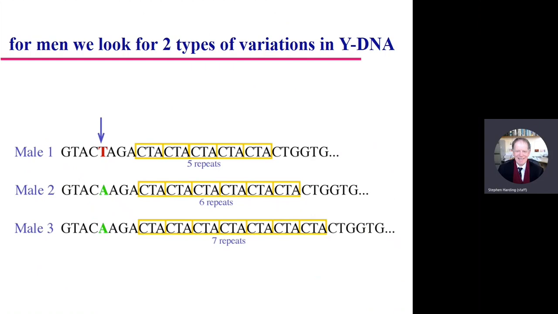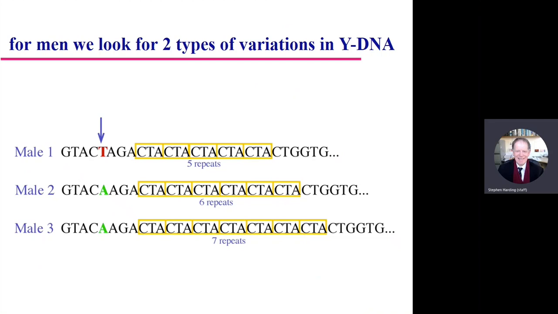And so for men, we can look for two types of variations in the Y DNA. The first type is when you get a mutation of a base. Now, this happens only once. At any particular point on the enormous DNA sequence, it's virtually impossible that lightning strikes twice in the same place.